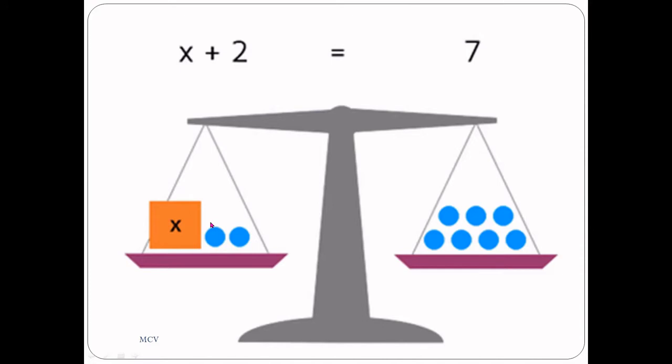Can you see here? x plus 2. x represents this box, and here there is 1, 2. x plus 2 represents the things in the pan of the left hand side. The things in the pan of the right hand side represent 7.